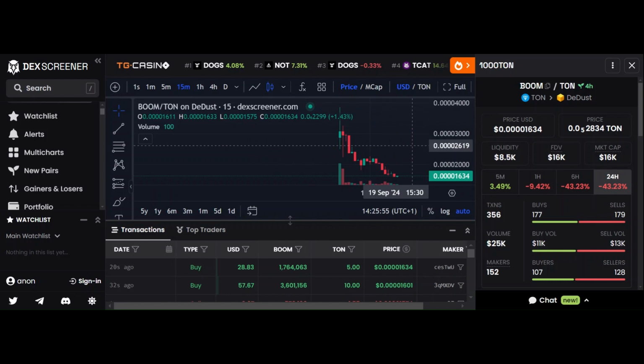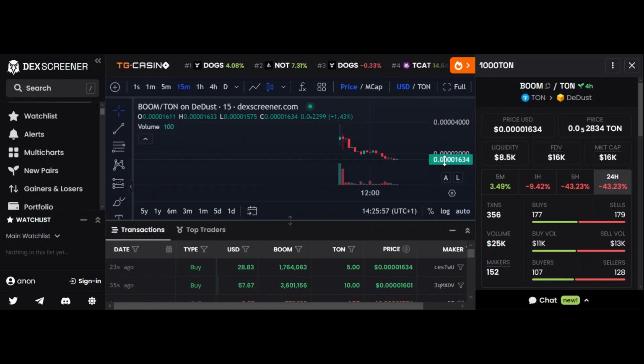All right, so we can see clearly that the token is not doing so well. It opened with a green candle. There were a lot of buys at this price, and then it just started to dump, and it's at this point right now.